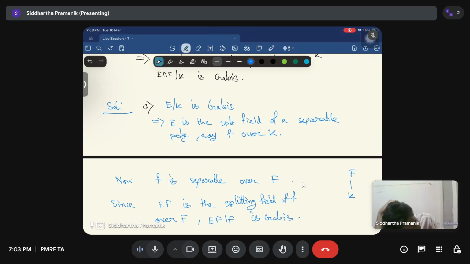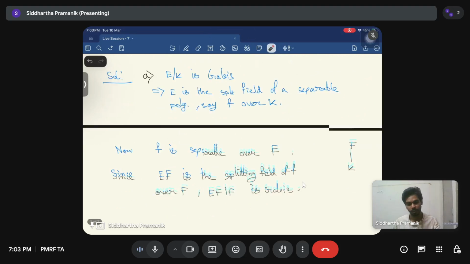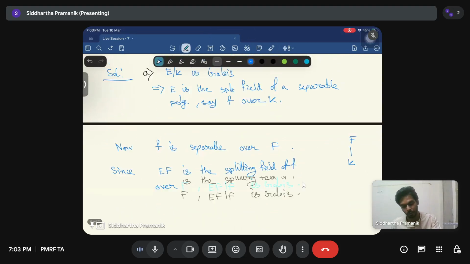Because E is already the splitting field, but we are taking the polynomial over F. So we have to consider the elements of F also. That's why we are adjoining F. But we need to consider the smallest possible such field. So that is the composite. So it has to be the splitting field of f over the base field F. So it has to be a Galois extension. So this part is very straightforward.